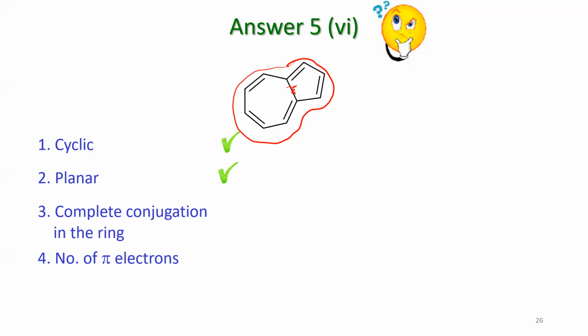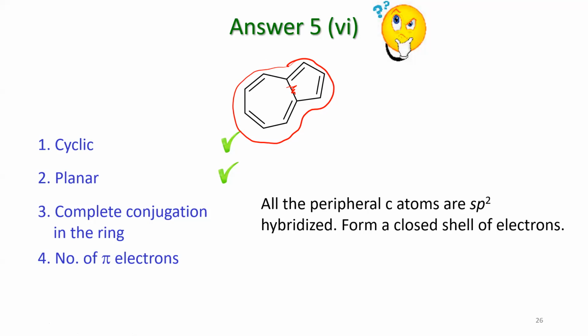When you read the text material, you can come across these examples, and these are very famous examples for you to understand aromaticity. So you will get familiar with structures of this type which are planar, right? Otherwise, it is a little difficult to predict whether it is planar or not. So, the complete conjugation.